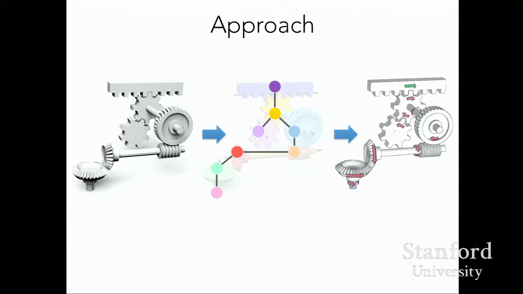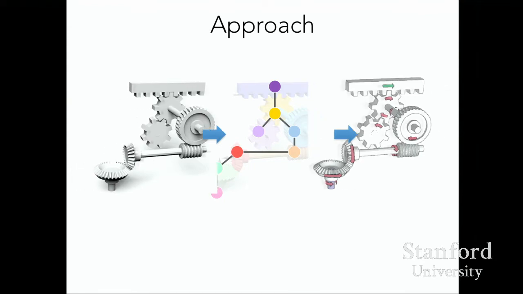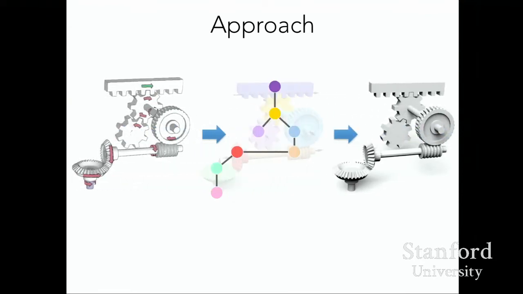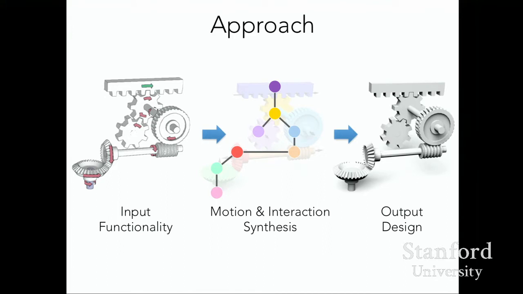So, as opposed to taking an input model and then trying to figure out how it functions, maybe we can ask people to specify some desired goal functionality, and then use that as part of a design system to help people create working mechanical and physical designs. So that's the really high-level approach that the next couple of projects I'll talk about take.